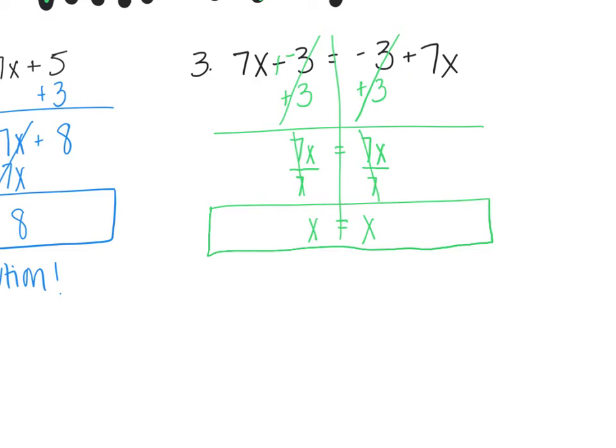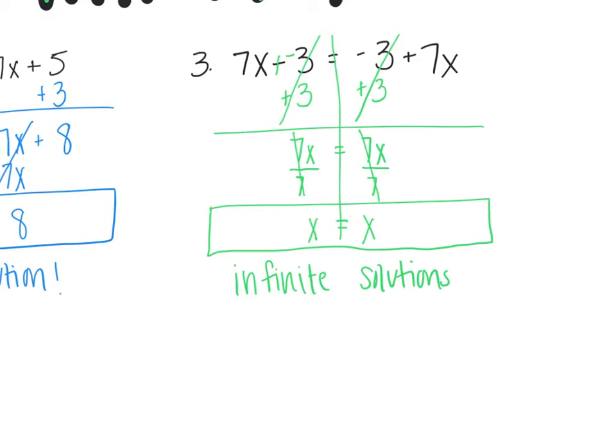That means we could plug in any number here, and it could work. We say that this is called infinite solutions. And again, that's whenever it says blank equals itself. X equals x. 1 equals 1.